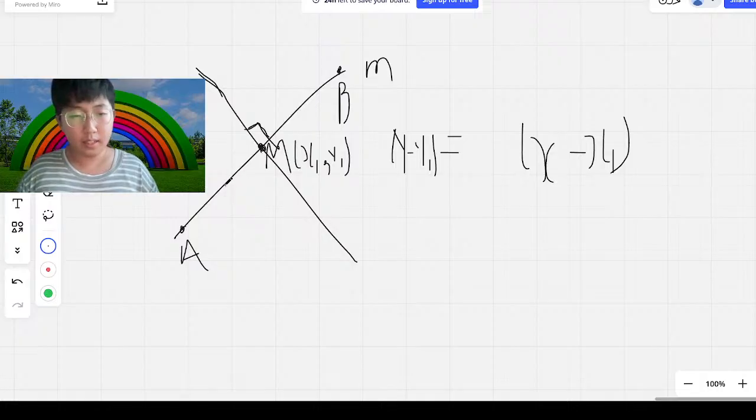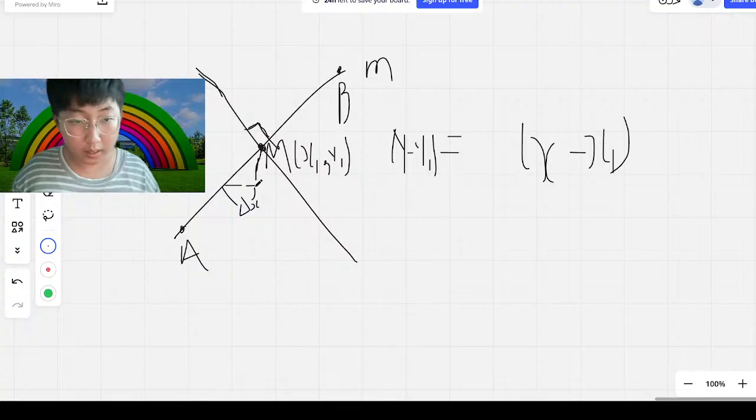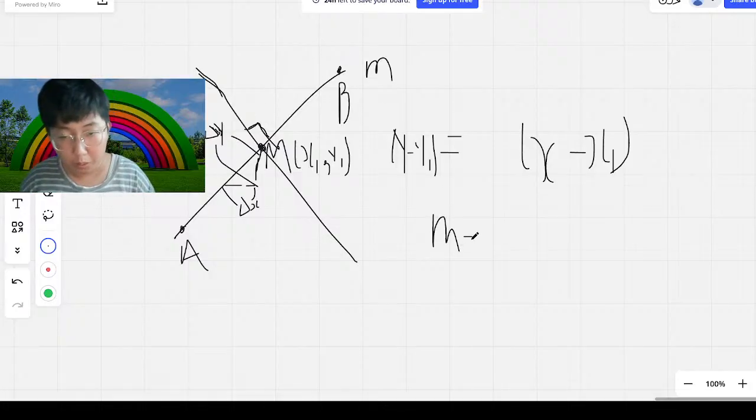Well, we know that this is, let's say, change in x, then this must be a change in y, right? Let's say this is on a coordinate plane somewhere, then small m is equal to the change in y over the change in x.